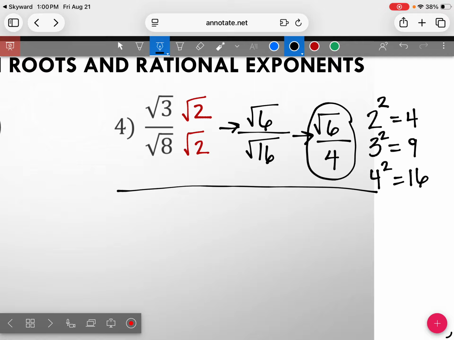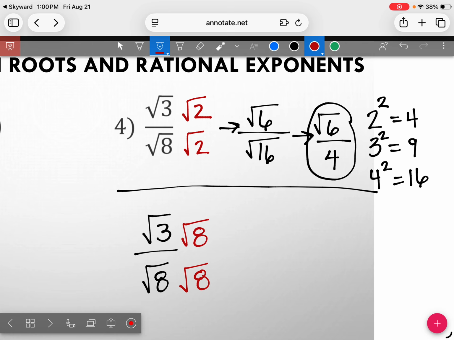Now let's do it another way. And I try to show you different ways so you all can choose. If you don't recognize that we can multiply the 8 by 2, then just multiply it against itself. So if I don't recognize that I can change the 8 to a 16, let's just multiply it by 8. So multiply it against itself.